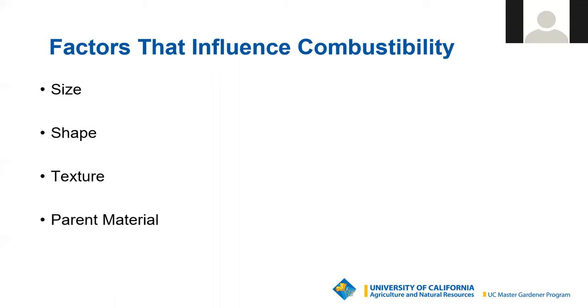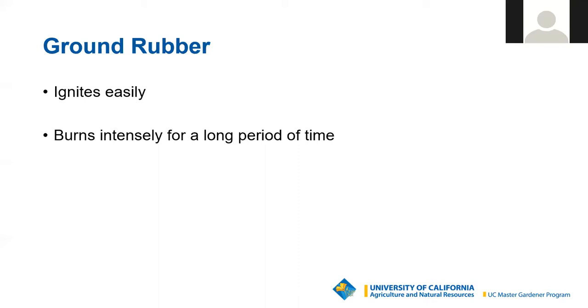And they found out that size and shape and texture and the parent material all influenced the combustibility. So the ground rubber actually was the worst. It ignited the most easily, and it burned very, very hot for a long time. Pine needles was the second most hazardous thing.